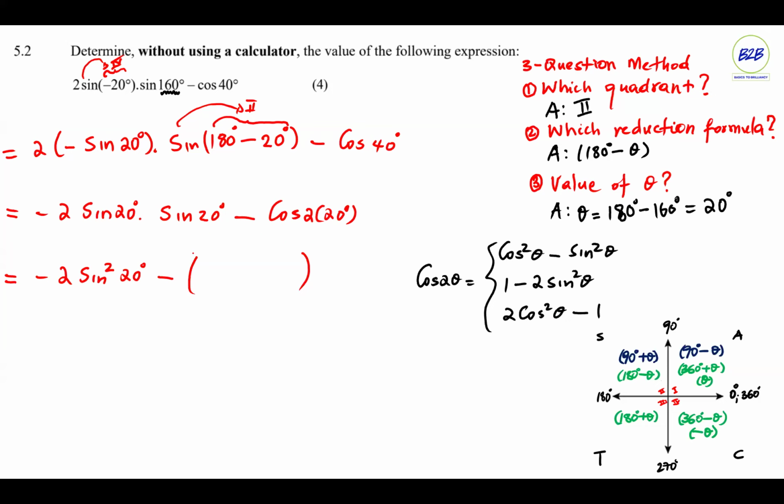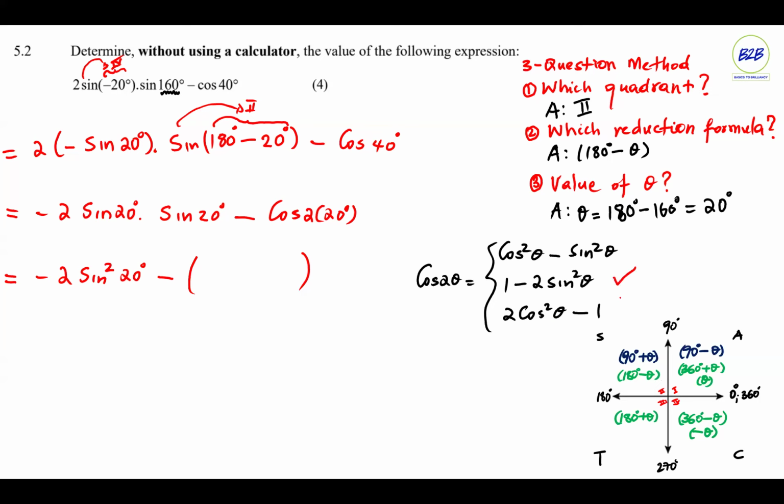Okay, let's begin the reasoning process. The previous term, which is term 1, contains sine squared and only sine squared. That on its own is a hint. What kind of a hint? It means that when we now change the double angle of cos, we must pick among the 3 options that we have, the one that contains only sine squared.